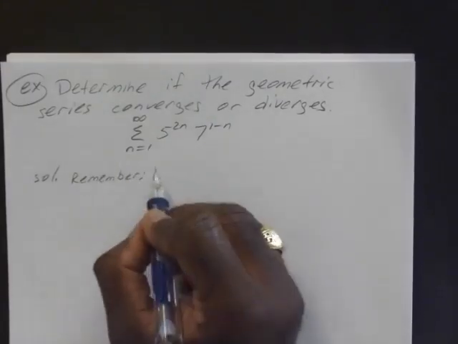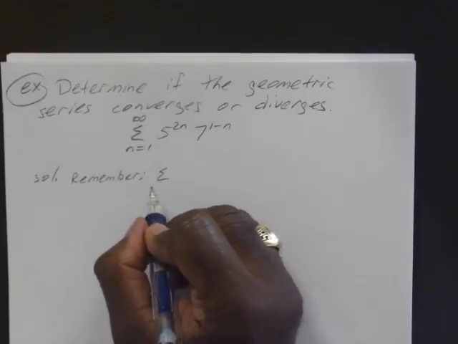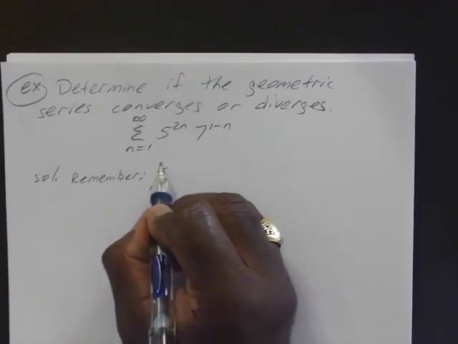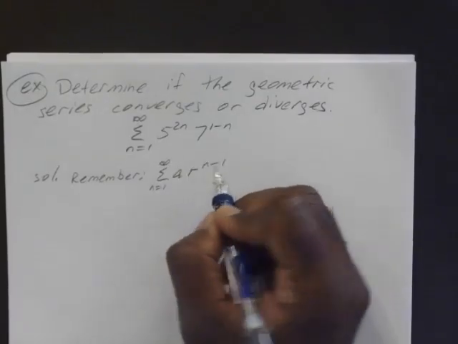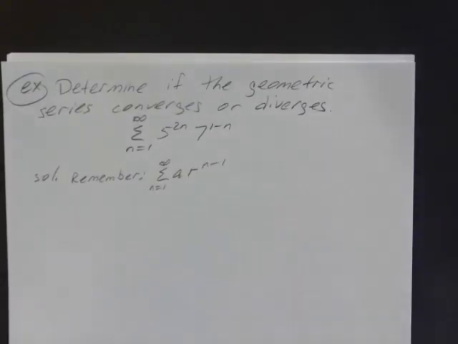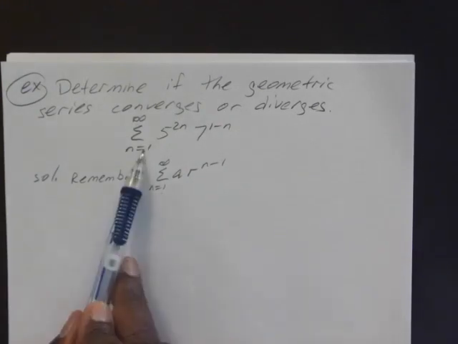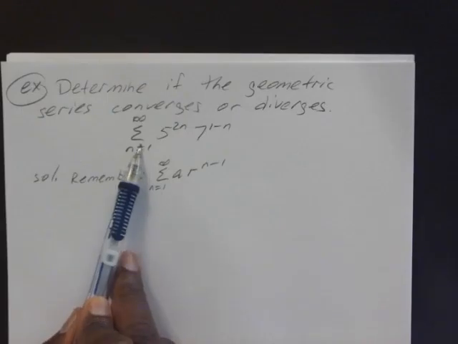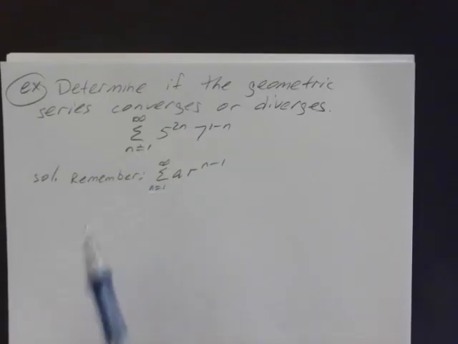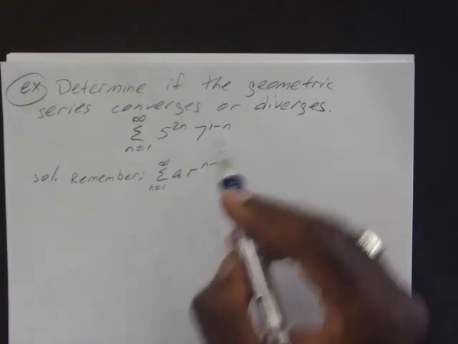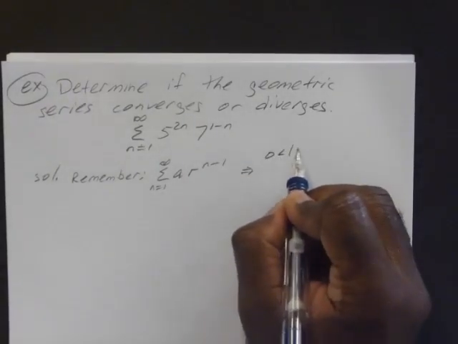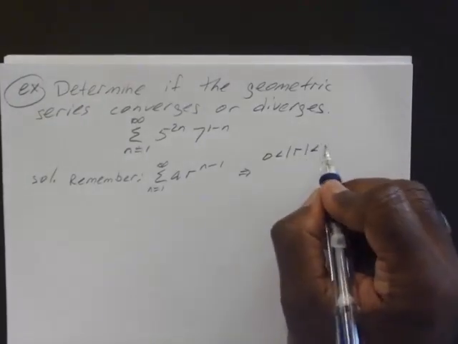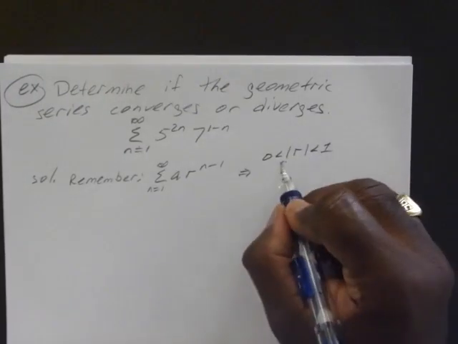Okay, so you want to remember that for a geometric series, the sum from n equals 1 to infinity of a times r to the power of n minus 1. And we only started at 1 because this one started at 1. If this one would have started at 0, we would have started at 0 here. So we know that when the absolute value of r is less than 1, it converges.